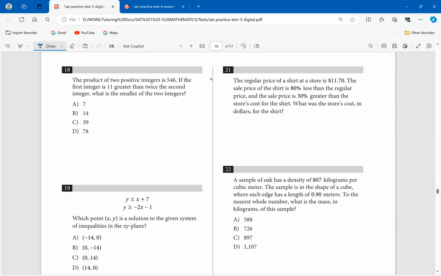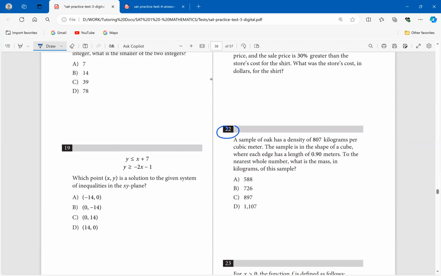Now, that being said, question number 22, we're looking at this one now. A sample of oak has a density of 807 kilograms per cubic meter. The sample is in the shape of a cube where each edge has a length of 0.9 meters to the nearest whole number.